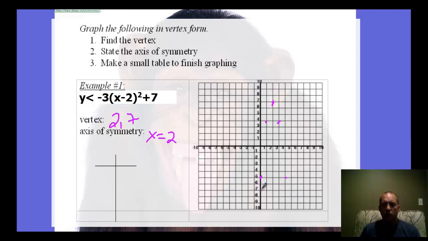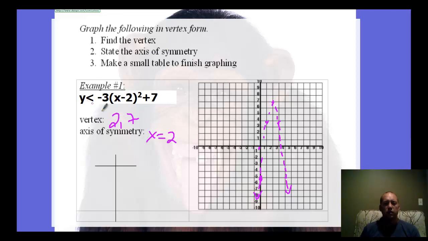So then we have this shape. And when we sketch this, we're doing a dotted line because it's not "or equal to." It's just less than. If I test a point, it doesn't appear to be going through (0, 0), and I know it's going through the point down here at (0, negative 5), so I know (0, 0) is outside of the parabola.